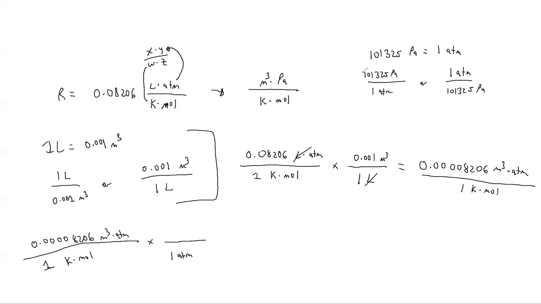So that's this conversion factor right here, 101,325 Pascal. Atmospheres cancel out, right, because they're raised to the same power, and I am left with 8.314 meter cubed Pascal over Kelvin mole.